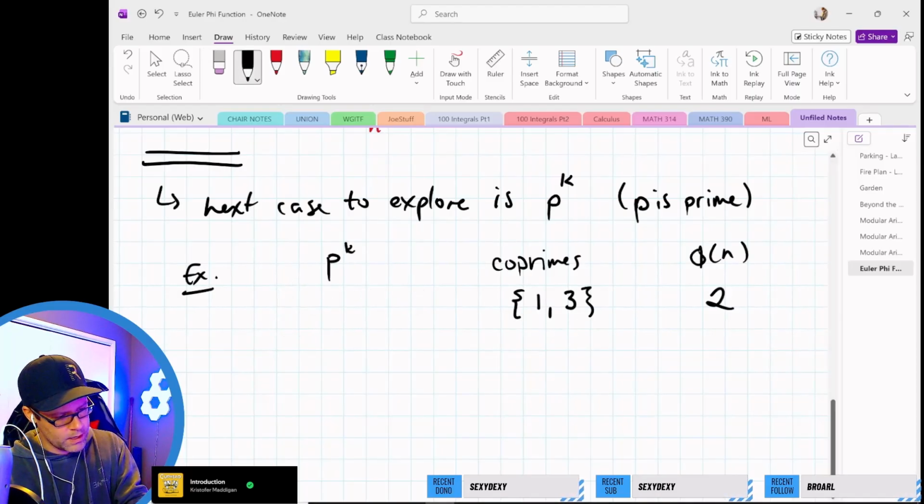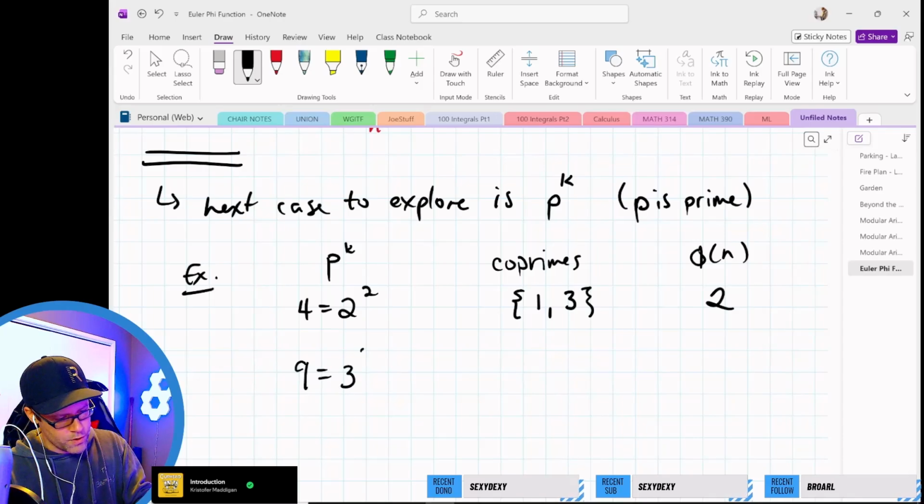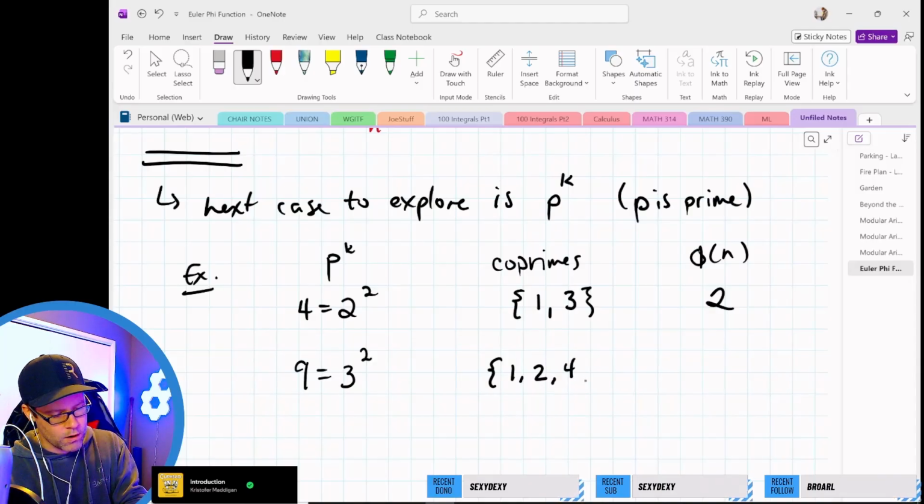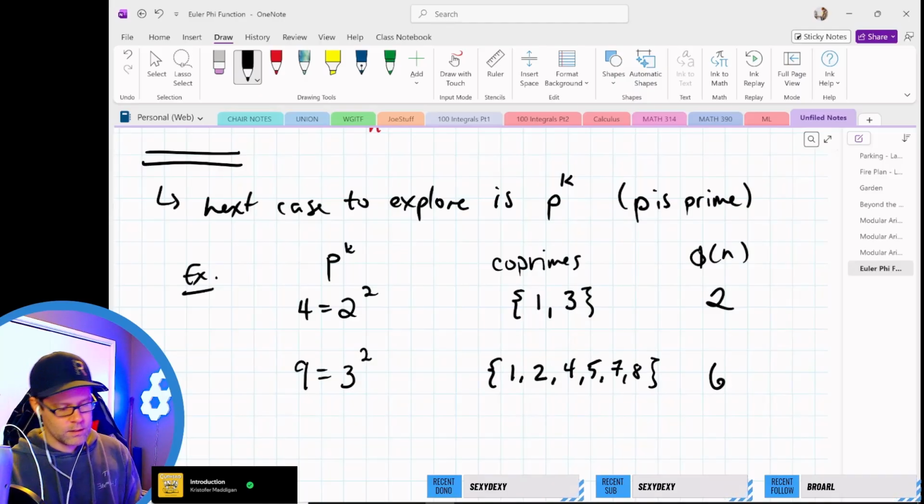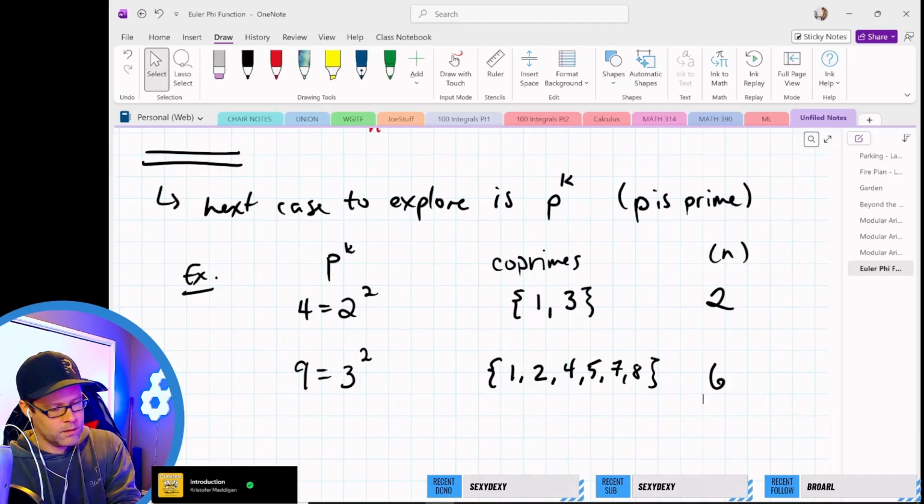So this is p to the k, this is 4 equal to 2 squared. We also had another example, which is 9, which is 3 squared. Our coprimes were 1, 2, not 3, 4, 5, not 6, 7, and 8. So in this case, we had 1, 2, 3, 4, 5, 6 coprime numbers with 9.